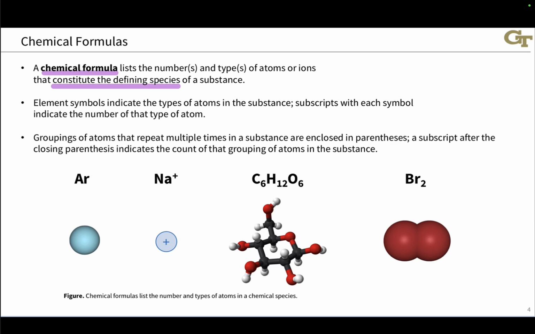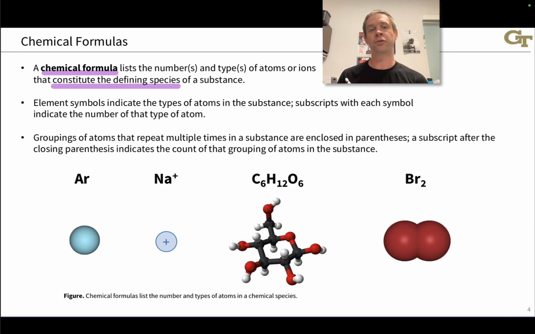And it should be emphasized here that chemical formula refers to the defining species of a substance. In other words, that smallest particle, be it an atom, ion, or molecule, that really defines the substance. If we disturbed that particle, if we changed that particle, we would have a completely different substance.